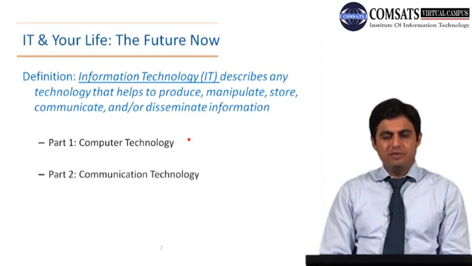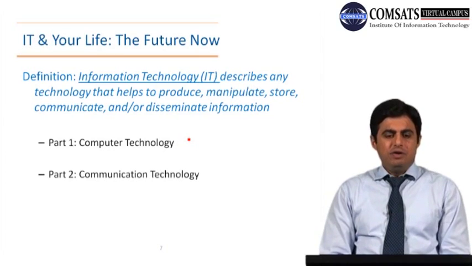Its definition is a technology that helps to produce, manipulate, store, communicate, and disseminate information. Now, what is information? Information is processed data. You always need a medium to process data.